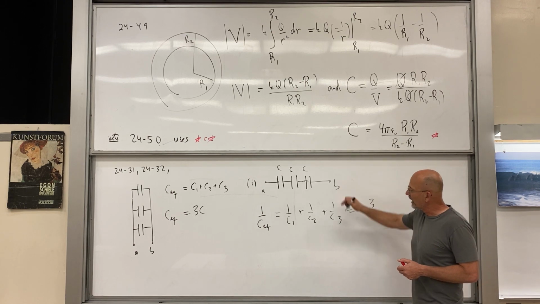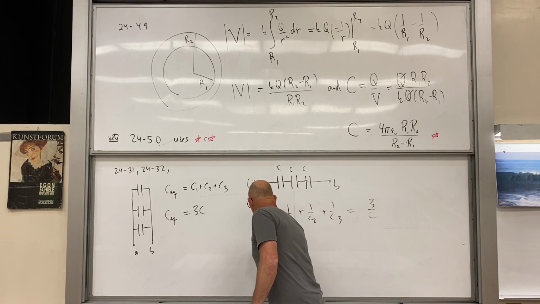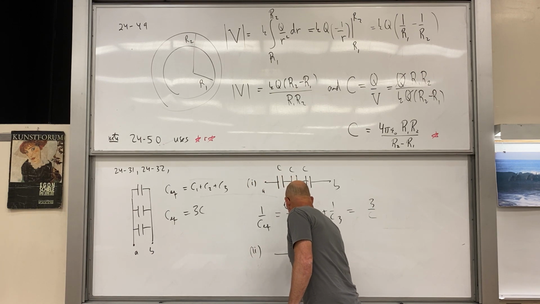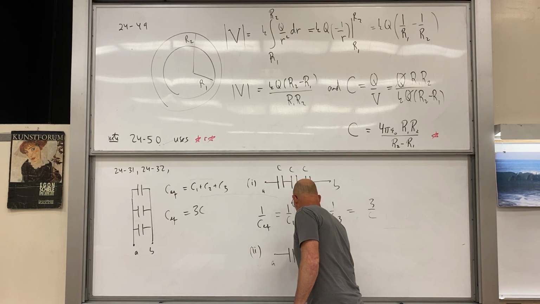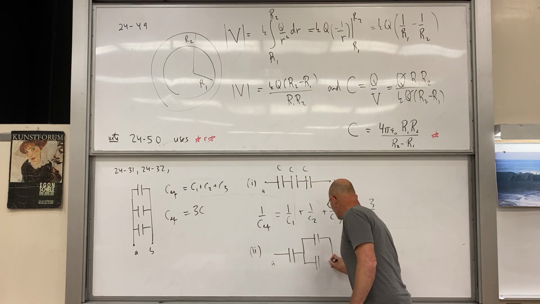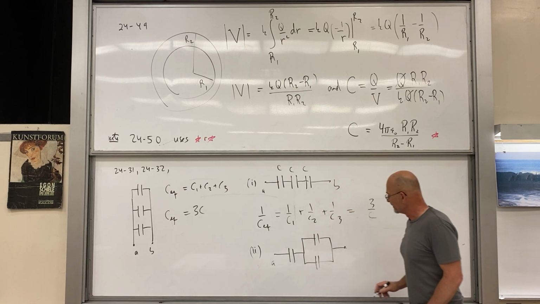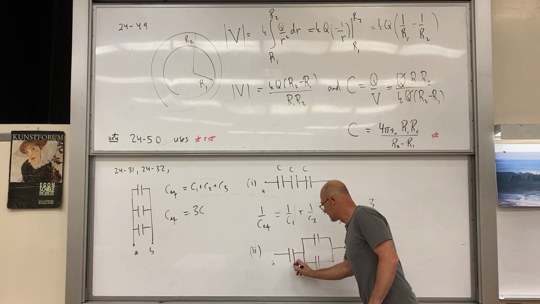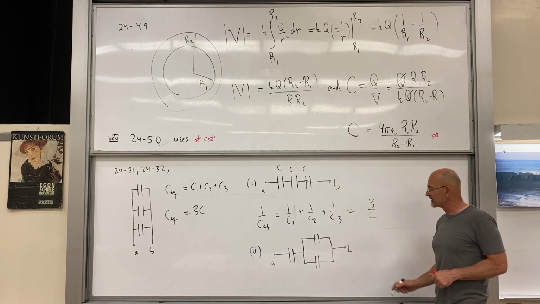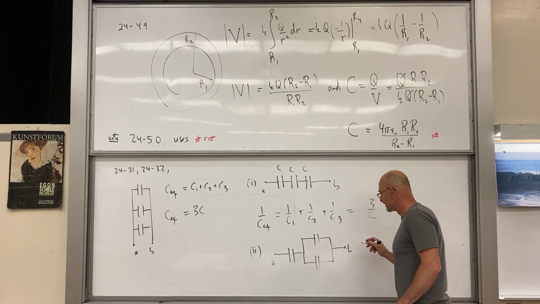And then there are different ways. I'm not going to do them all. Another one is, here's point A, and then you have A and B like that. You want the equivalent capacitance here, you can do it in 2 steps.